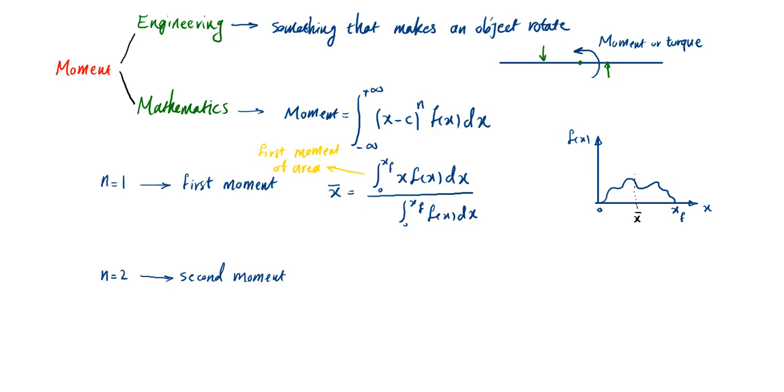If we have a shape, let me bring a simple shape here. Let's say we have something simple, just a rectangle. So we have some shape like this, and here are the axes.